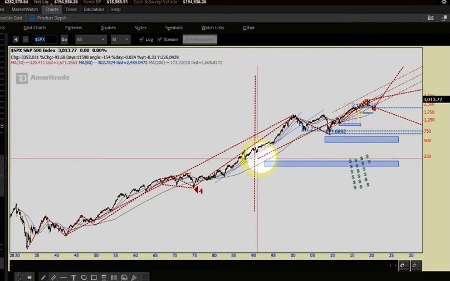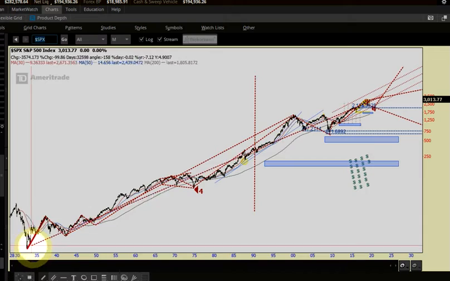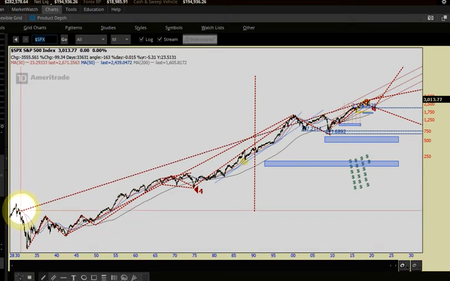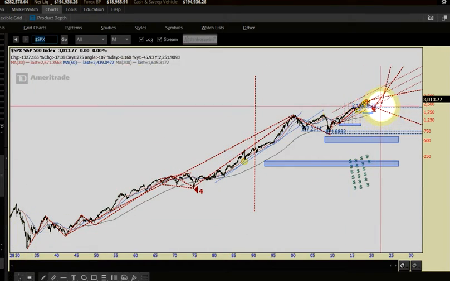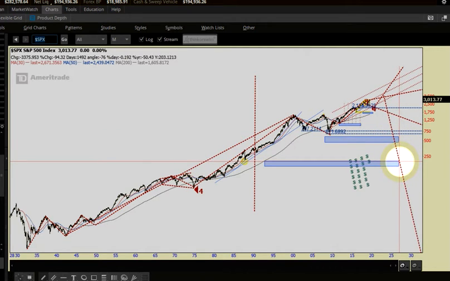Now, the previous fourth wave of wave 3 is right here. It's the 87 low. And a lot of what I've been reading in Elliott Wave says that because this was a 90% sell-off back here in 1929, we should have another 90% sell-off, which should take us maybe down into this area, which is pretty crazy, I know.